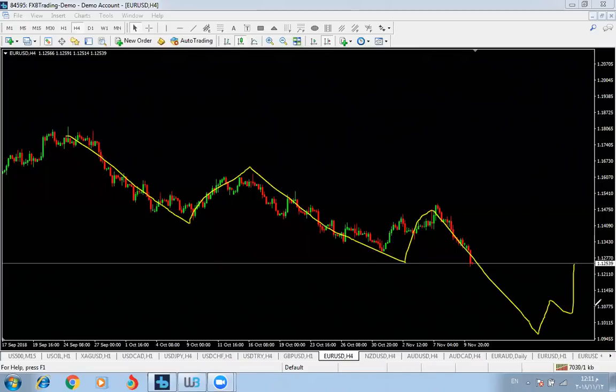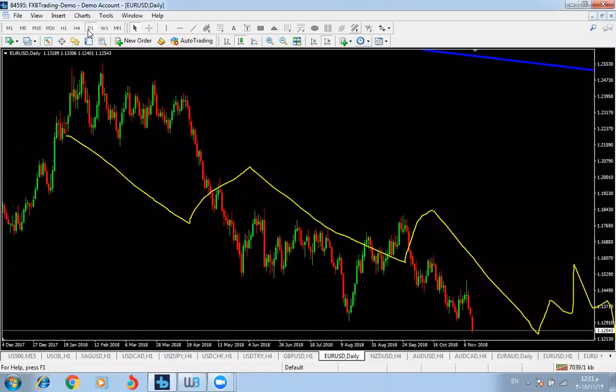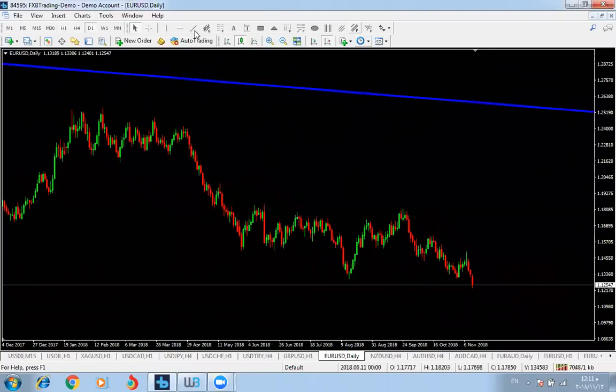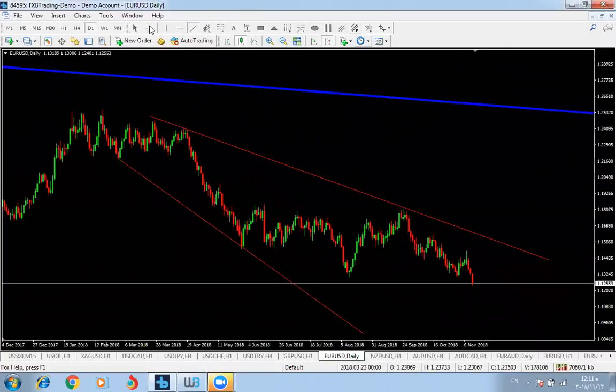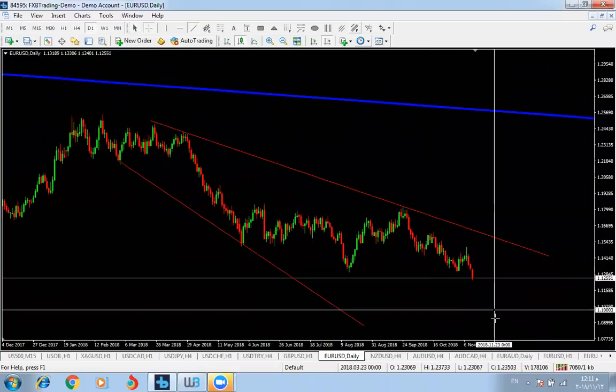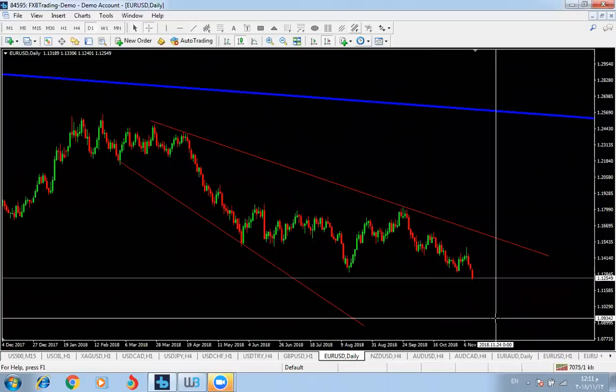Then we see correction. Then the reversal, as in the dollar index, and I anticipate the price to be pushed to the downside, down to 1.08, I think.